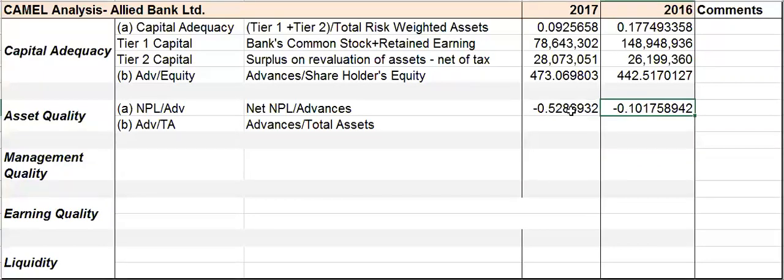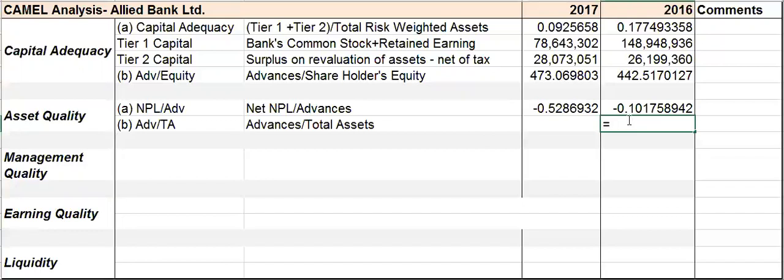And in 2017, Allied Bank is not recovering 0.52% of their advances. So their recovery of loans in 2016 is better as compared to 2017.